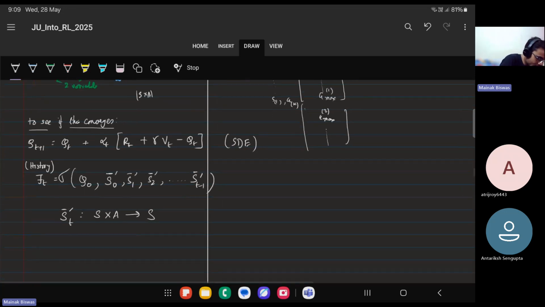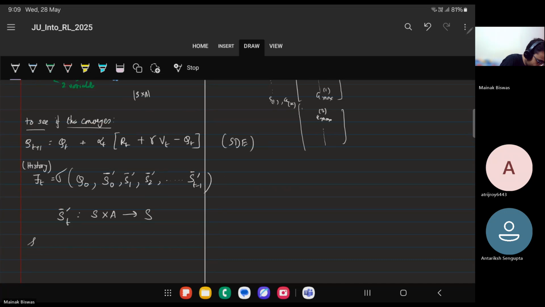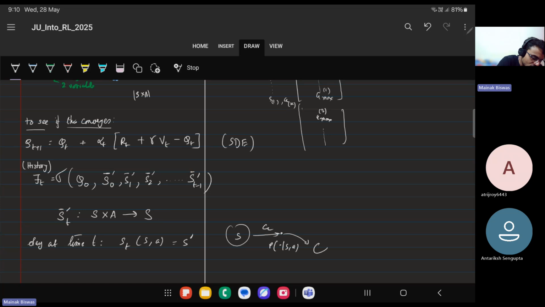It means that at time t, st of s comma a is s dash, right? This is a set of functions. Is this clear? Because we want to know it at every time point, yes or no? Remember, there was this s and I took an action, and based on the probability distribution s comma a, I reached s dash, yes or no? Clear?